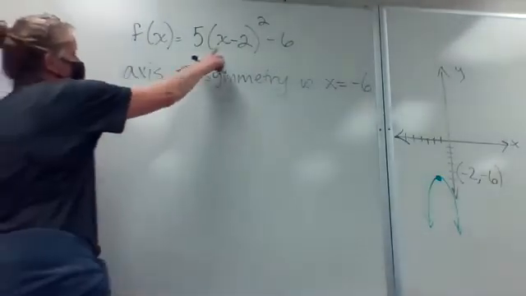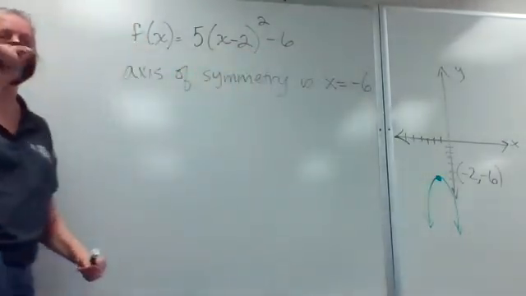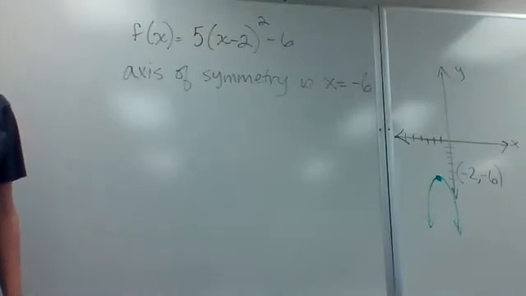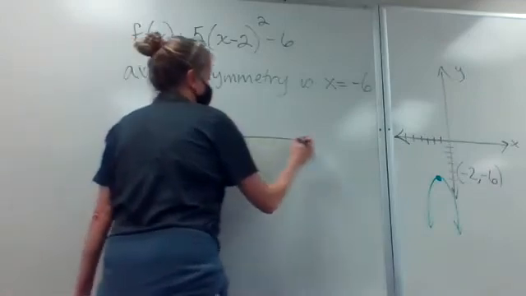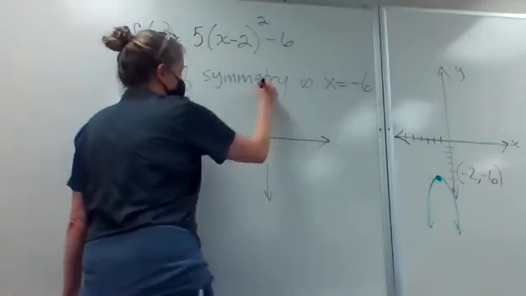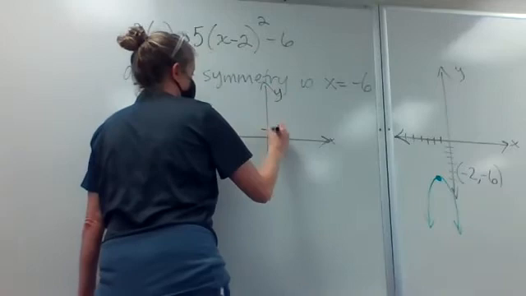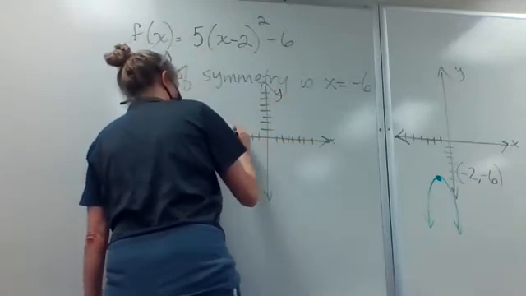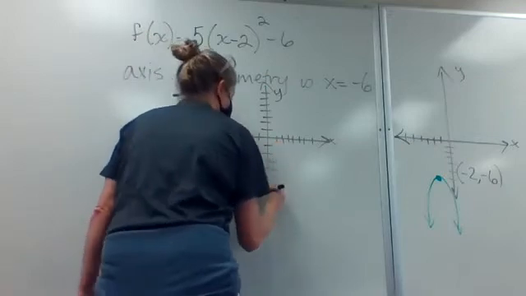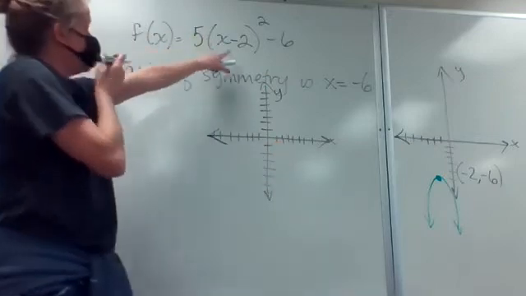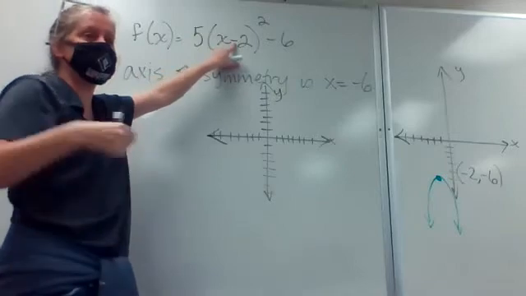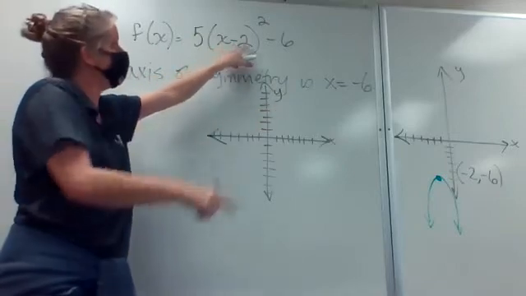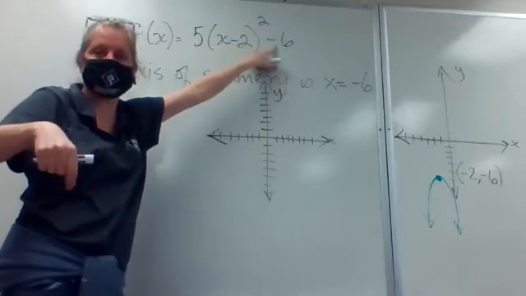So let's think, what are these doing? They're shifting where that vertex is. So it's going to be an x squared graph. Where is this going to shift me? It's an inside, so it's left or right. Go opposite the sign. So right 2, down 6.